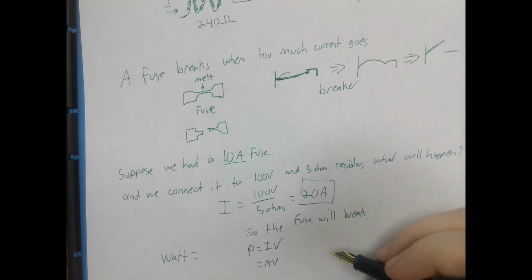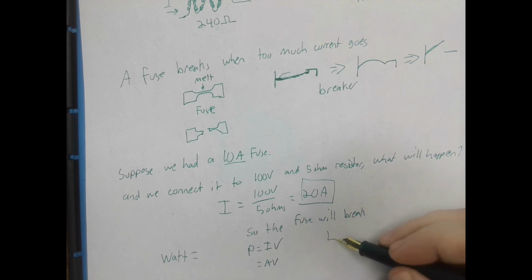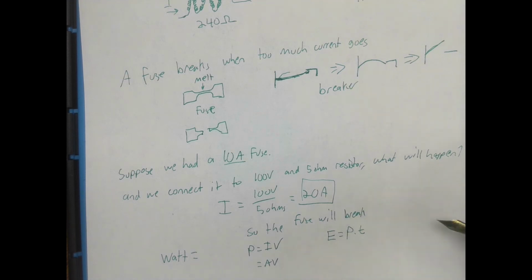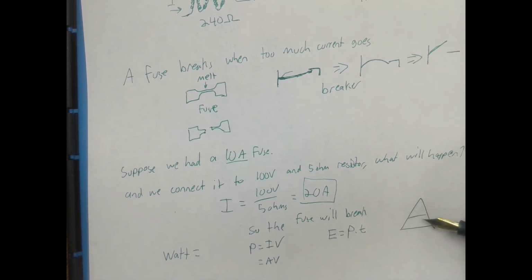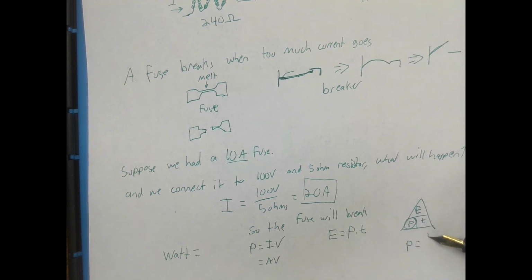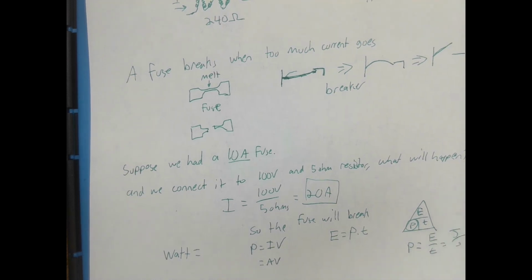Energy is equal to power times time. Doing a triangle, energy is equal to power times time, so power is equal to energy over time. So a joule over a second. And that's it for the review. Bye.